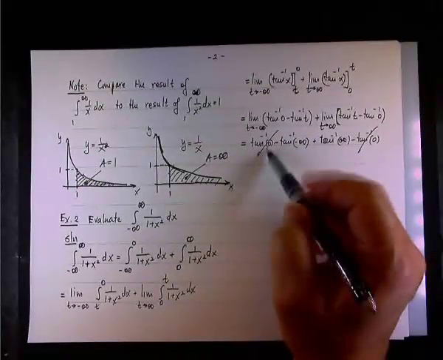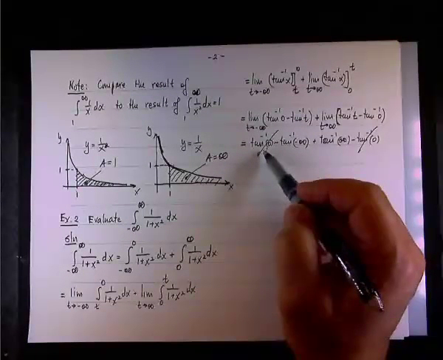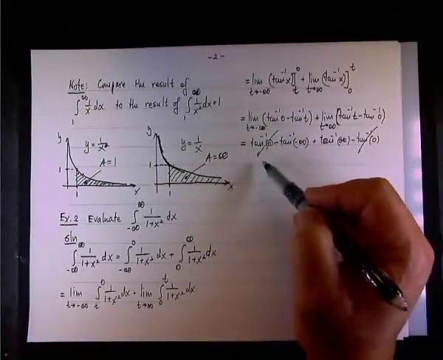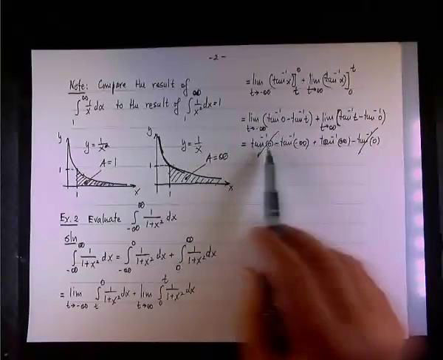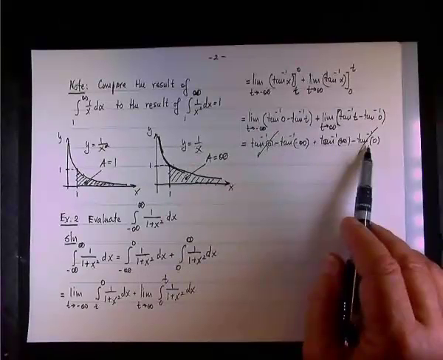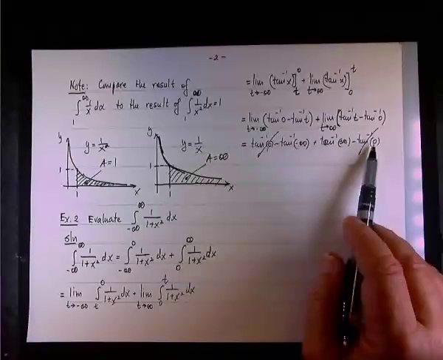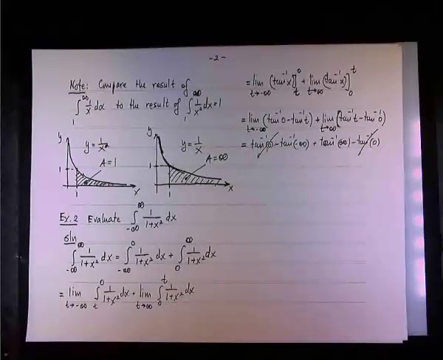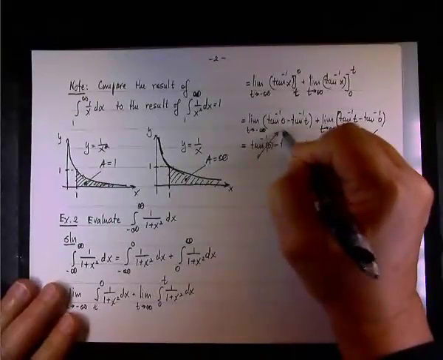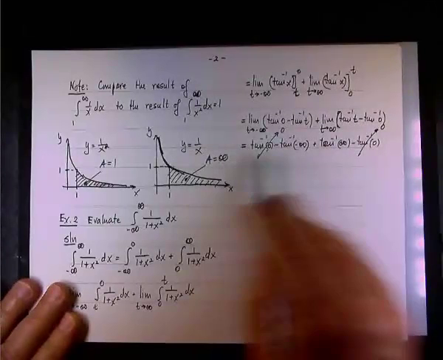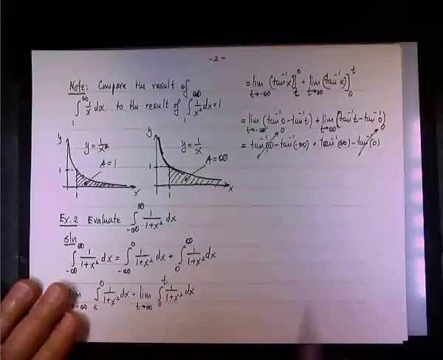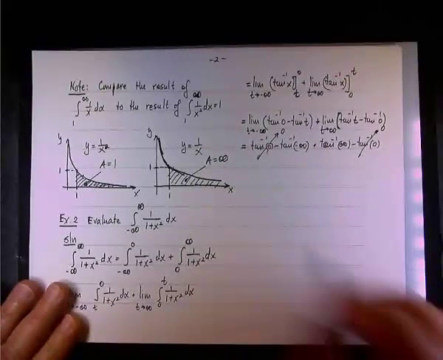And the only value where the tangent equals 0 is 0, so the inverse tangent of 0 is 0. But even if it wasn't, we have the inverse tangent of something minus the inverse tangent of the same thing, so either we cancel it because it's equal to 0 or because we subtract like terms.